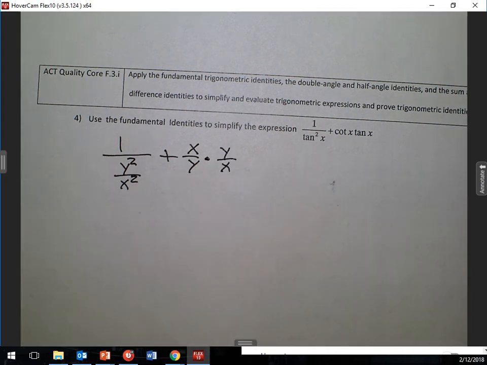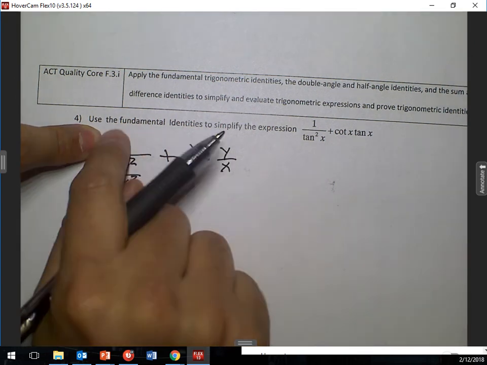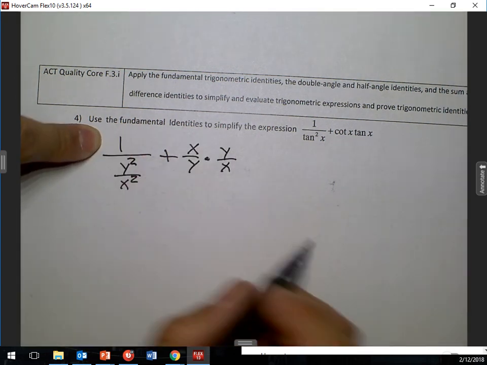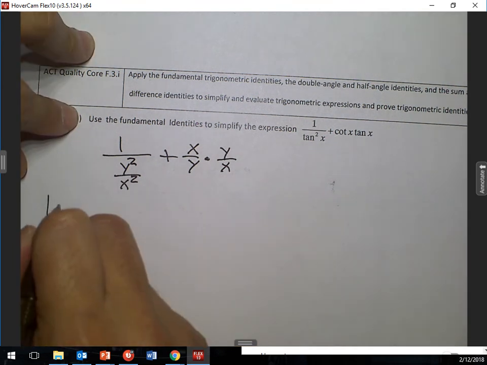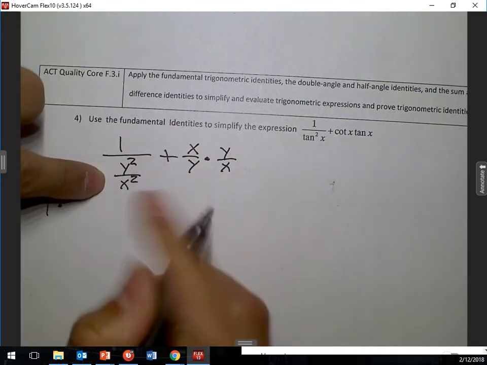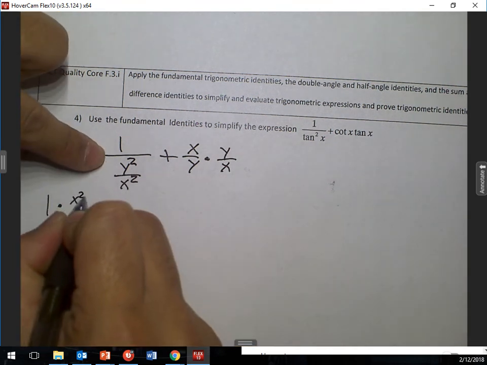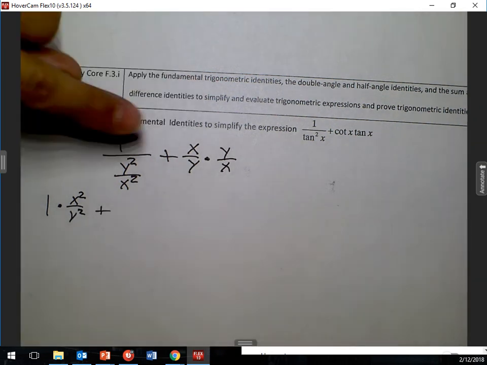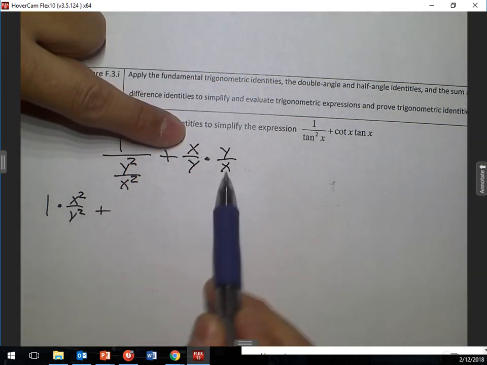Now, let's start over here on the left. I don't like fractions over fractions, so I'd multiply by the reciprocal, right? So isn't this going to be 1 times the reciprocal, which is x squared over y squared? Very good. And then put a plus sign over here. Now over here, what's going to happen to my x's?